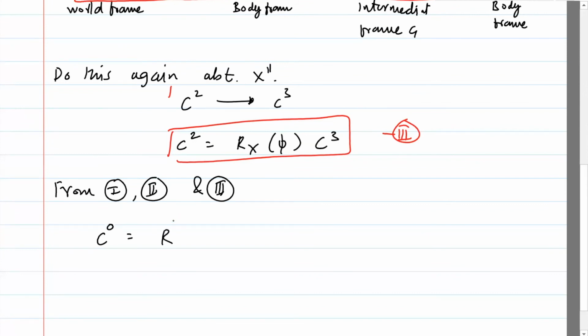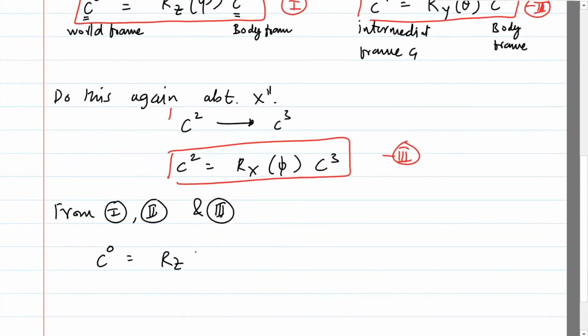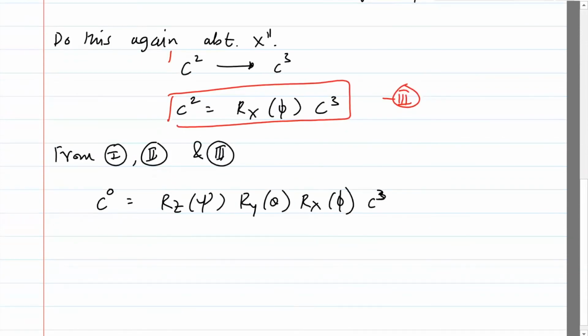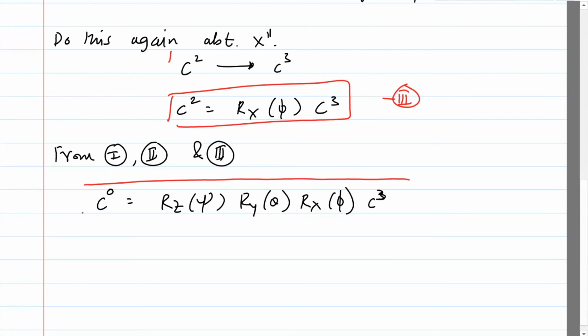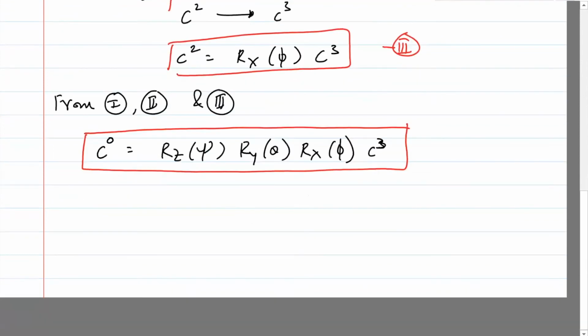So we'll have R_z(psi) R_y(theta) R_x(phi) C3. And that's our formula. That's how we can relate the body frame and the world frame.